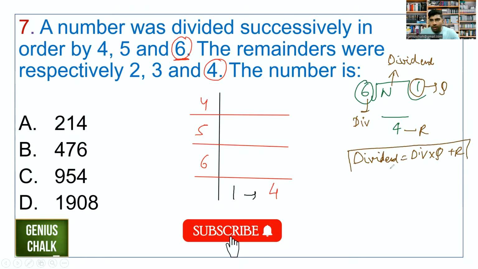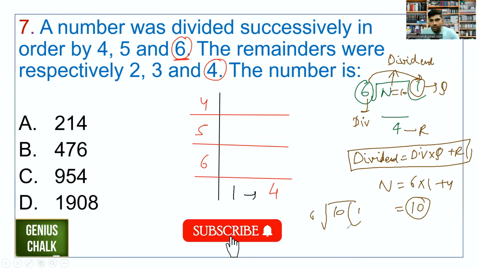So can I say what is the value of n? n is 6 into 1 plus 4. So this is 10. So this is the number 10. You check: if you divide 10 by 6, 6 ones are 6, remainder is 4.